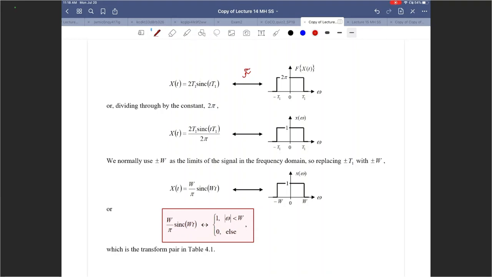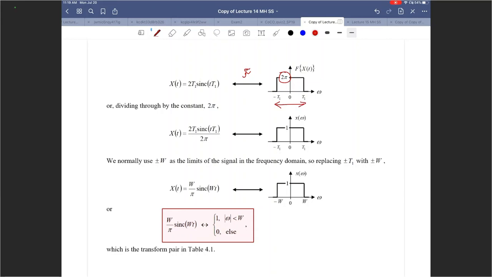Now, I want this result to be in a very nice format, so I'm going to do some manipulation of this result. Essentially, I want this height to be 1, and I want this width, I don't want to call it t1. I want to call it, say, capital W.